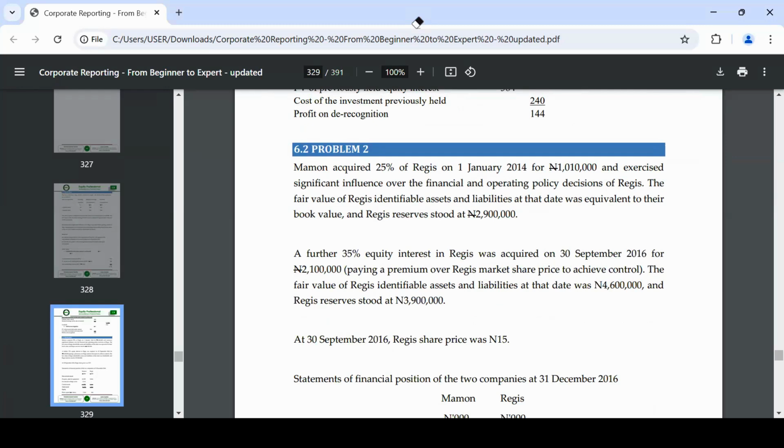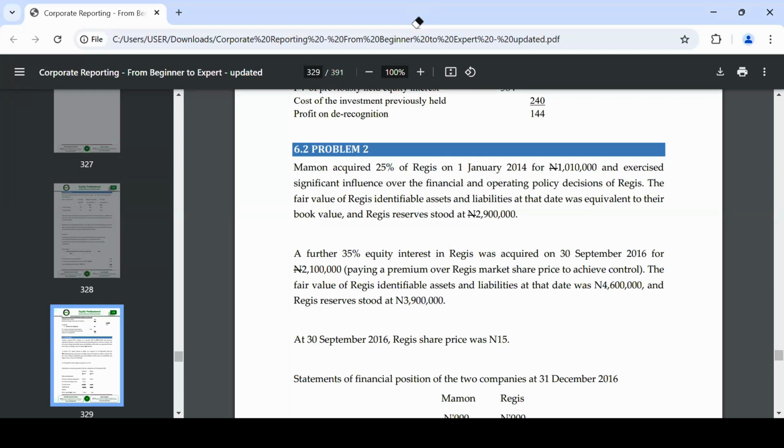I repeat, exercised significant influence over the financial and operating policy decisions of Regis. The fair value of Regis identifiable assets and liabilities at that date was equivalent to their book value, and Regis reserve stood at 2.9 million.